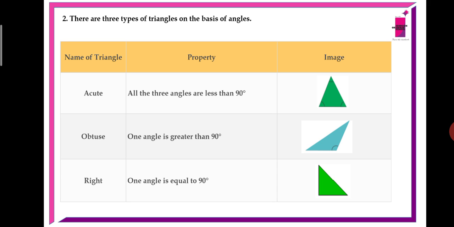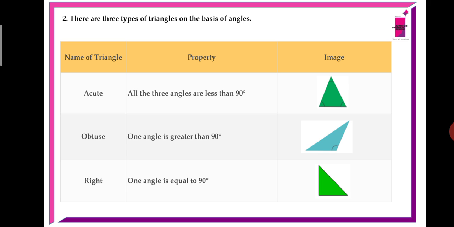Now you can say it is an acute angle and scalene triangle. In the same way, an acute angle triangle may also be isosceles. If I take 80, 50 and 50, the sum of three angles is 180 and all three are less than 90, and two angles are the same, one angle is different. So it is an acute isosceles triangle.